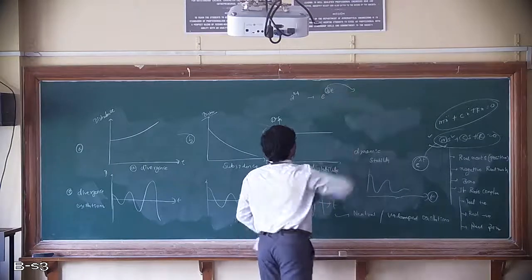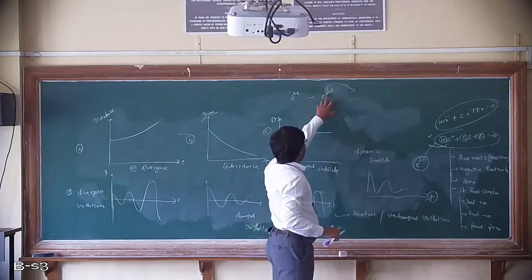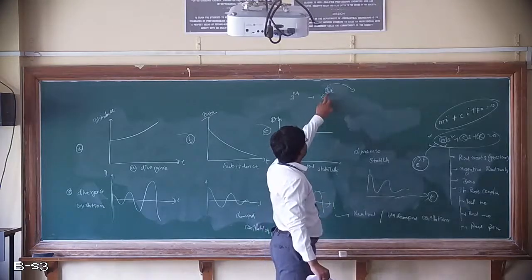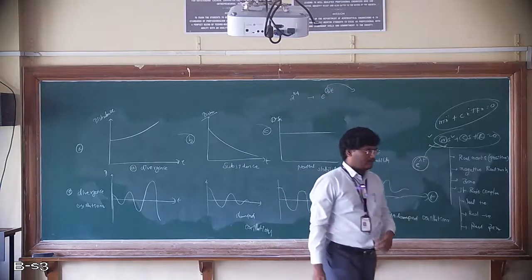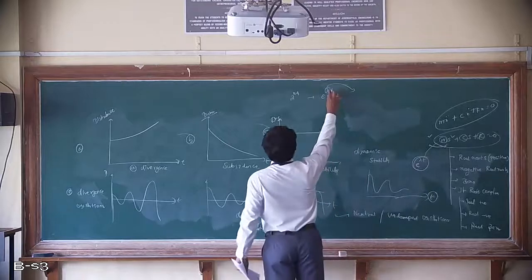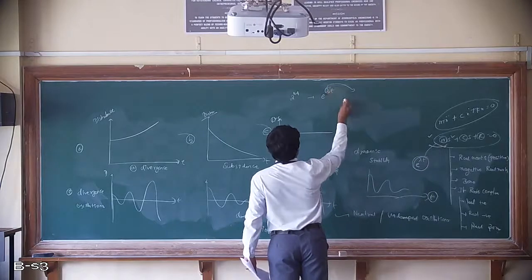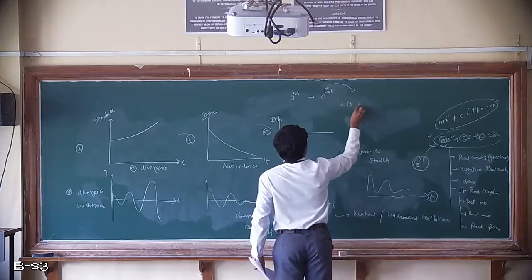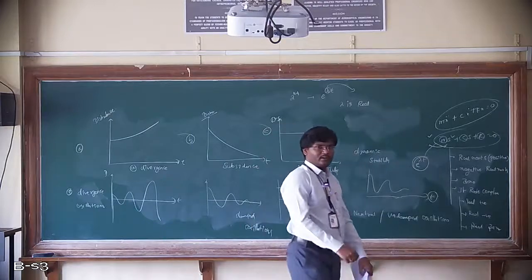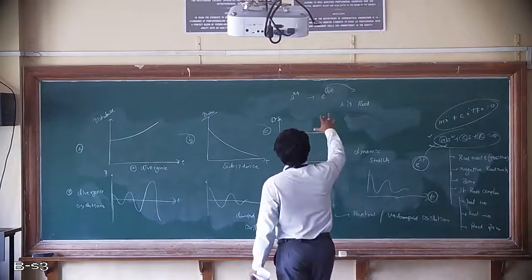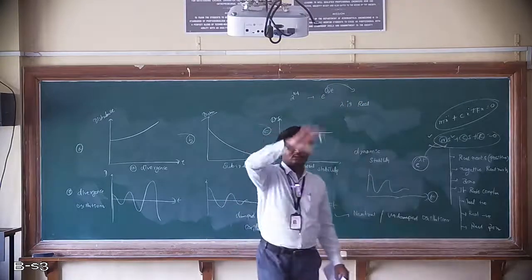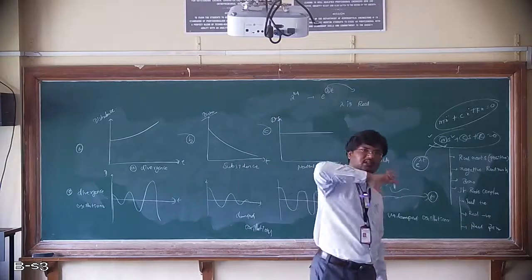So what happens with this lambda t? If lambda is positive, I mean if roots are real and positive, then that solution of the system will increase exponentially, right?